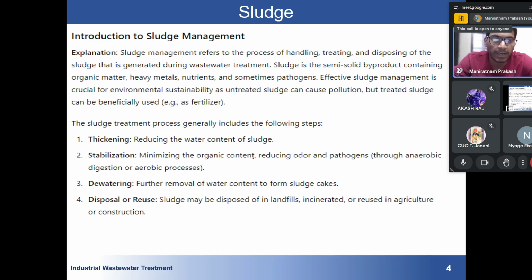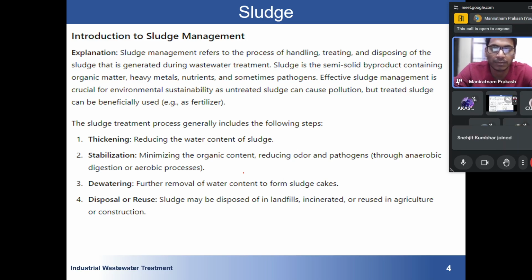Once we have stabilized and treated our organic matter, we still have a huge amount of water content, so we have to dewater it. And then finally disposal or reuse. Sludge may be disposed of on land, incinerated, or reused in agriculture or construction.